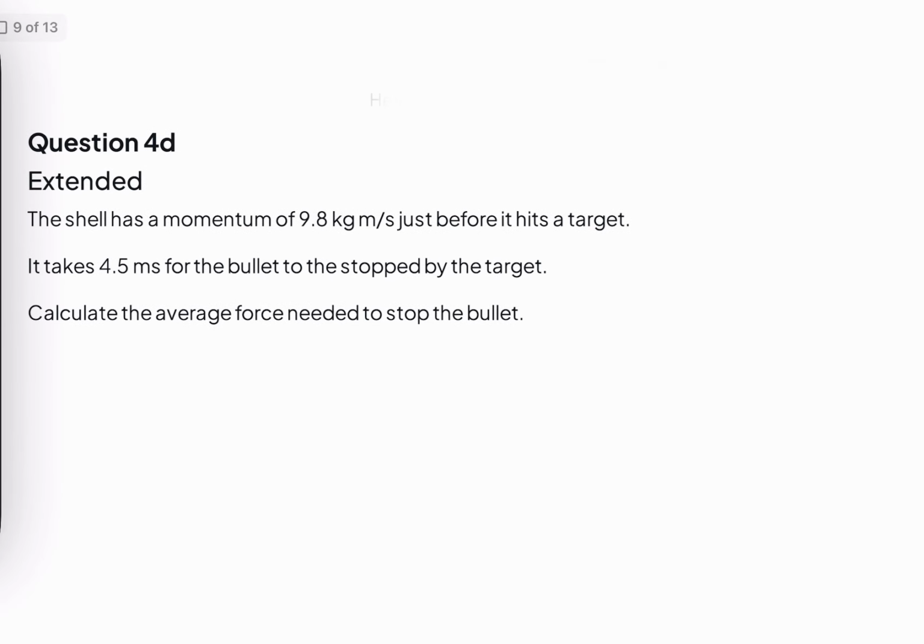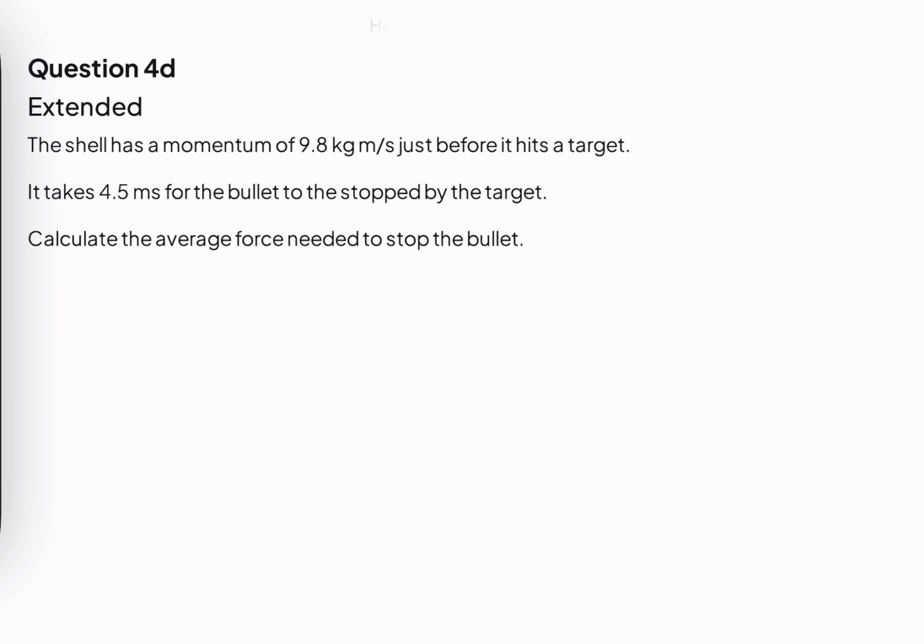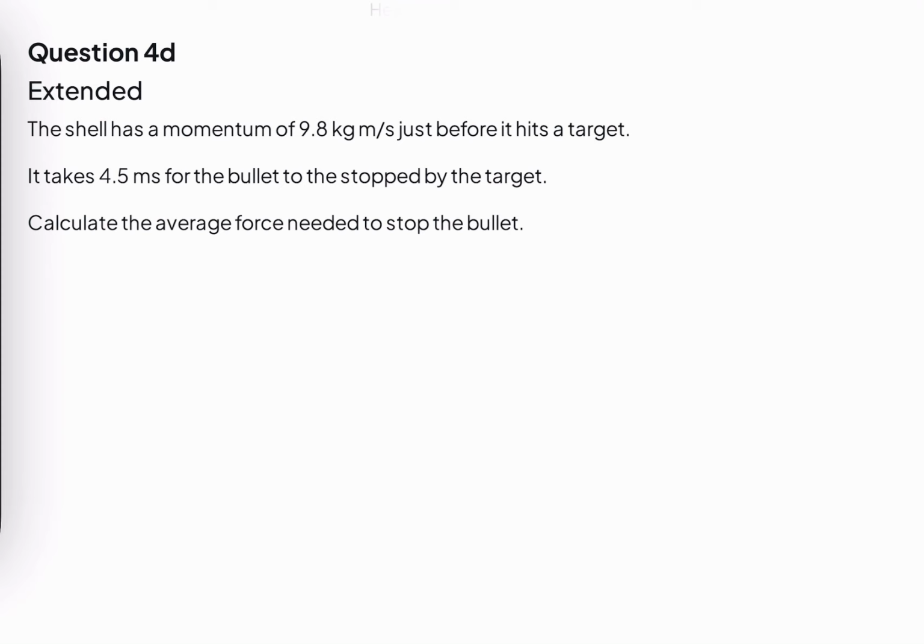Moving towards the next question, calculate the average force. The shell has a momentum of 9.8 kg meter per second just before it hits the target. It takes 4 milliseconds for the bullet to stop with the target. Calculate the average force needed. Okay, so first of all we have change in momentum, 9.8 kg meter per second. It's change because after hitting it will be 0, so change will be 9.8.